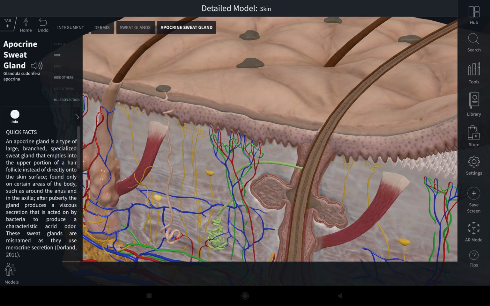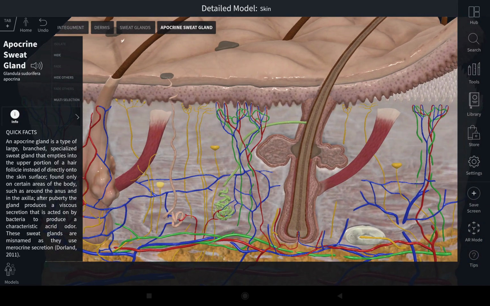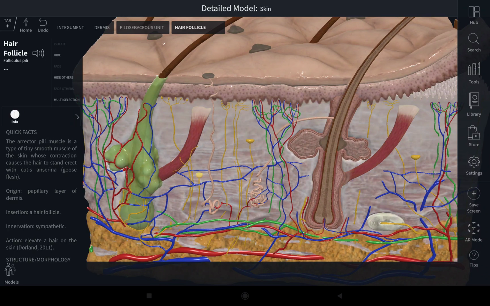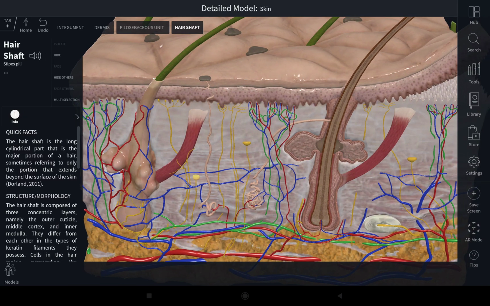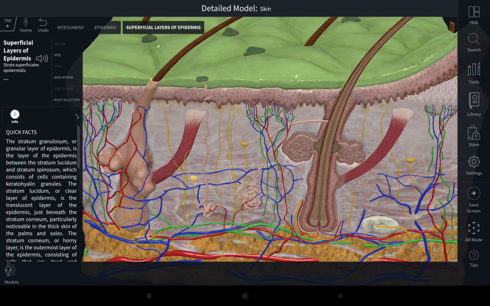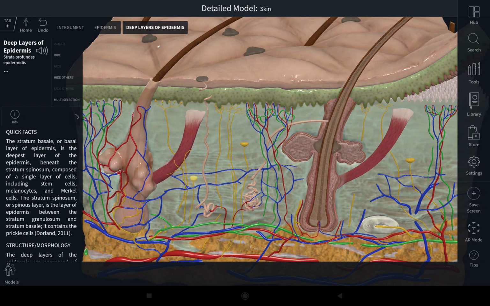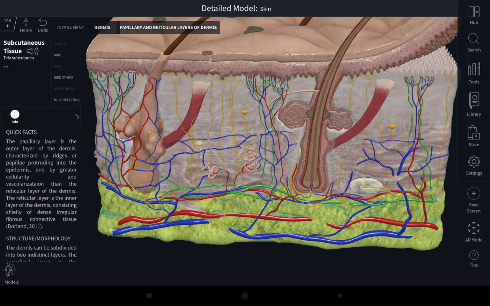This is the apocrine sweat glands. This is the eccrine sweat glands. This is the erector pili muscle. This is the hair follicle. This is the hair shaft. This is the superficial layer of epidermis. This is the deep layers of epidermis. This is the papillary and reticular layers of dermis, and this is the subcutaneous tissue.